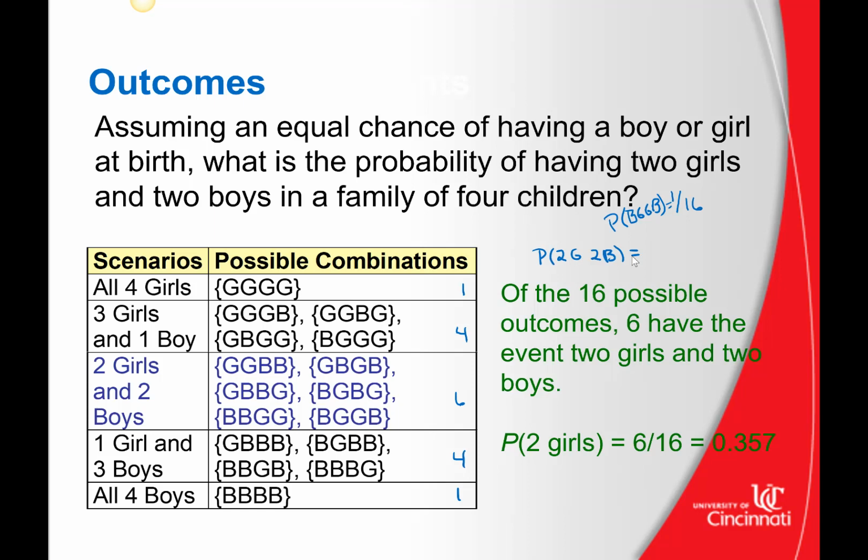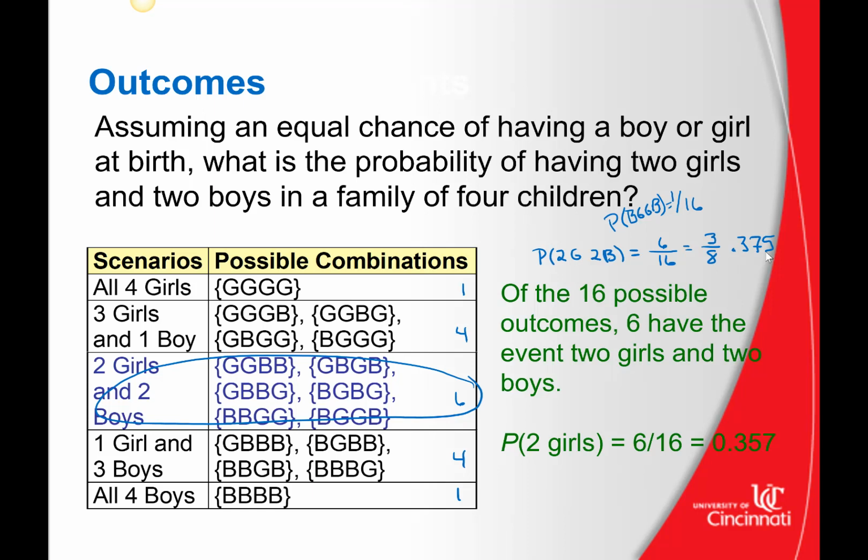Well, we know it's going to have 16 different possibilities. And how many of those are 2 girls and 2 boys? 6. It's actually 3/8 or 0.375. A little bit less than half, isn't it? Okay. Does that make sense?